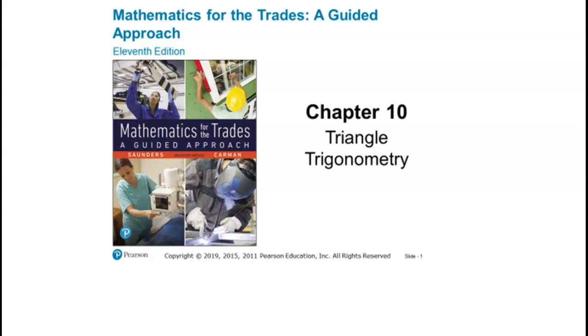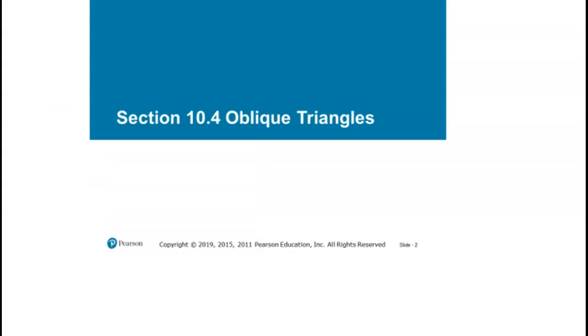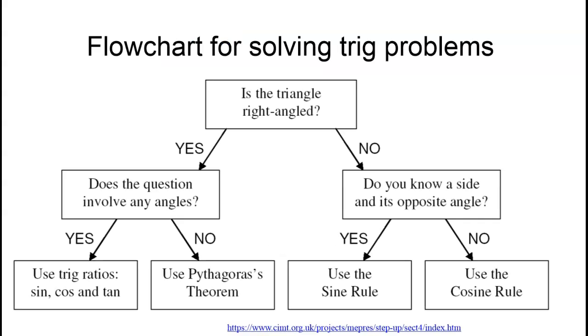This is the last video in the series for Chapter 10, Triangle Trigonometry, looking at oblique triangles and solving oblique triangles. So again, looking at the flowchart, we are not going to go down the path of the right triangle. We've been there, and we also are not going to directly use the sine rule.